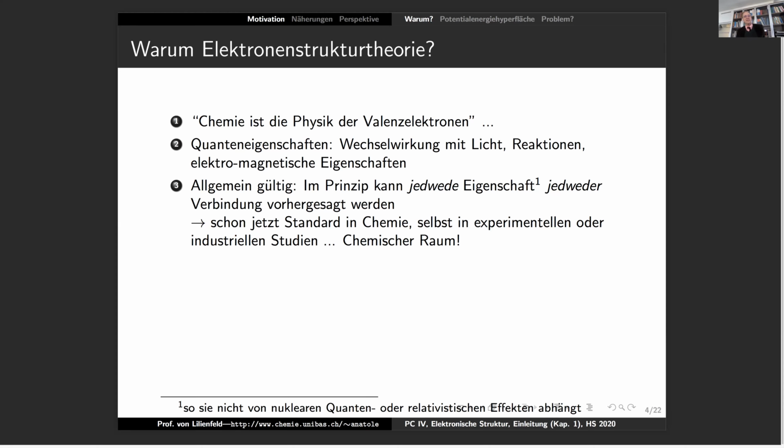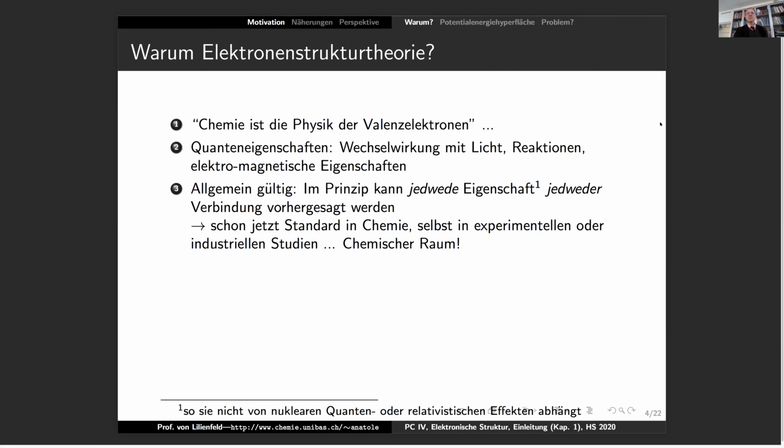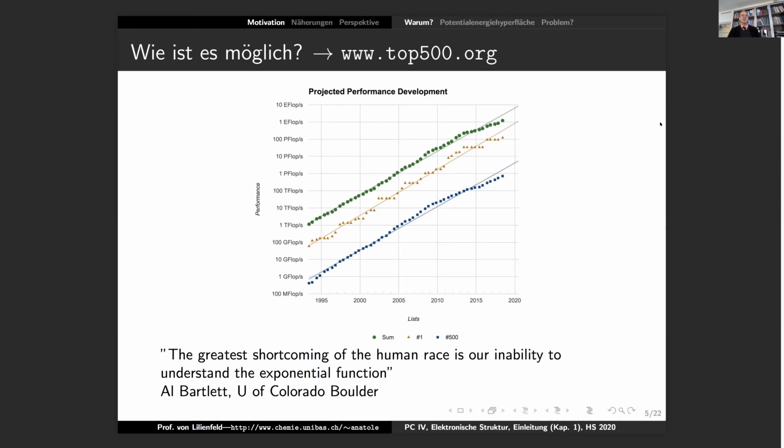One of the reasons is shown on this graphic here, on the next slide, which shows you the performance of some of the most powerful computers on this planet as a function of time.